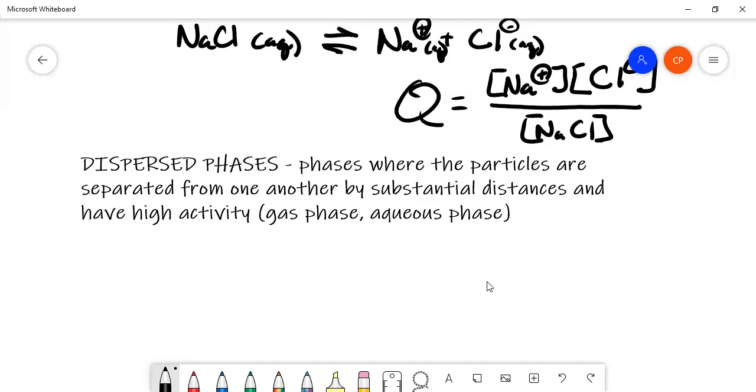Obviously, solid particles are really smashed up right against one another, not moving around a great deal. But there are also other phases. Well, there's one other phase substantially where the particles in that phase are strongly attracted to one another by intermolecular forces. And they hold on to one another. The liquid phase is every bit as much of an opposite of a dispersed phase as solid phases.